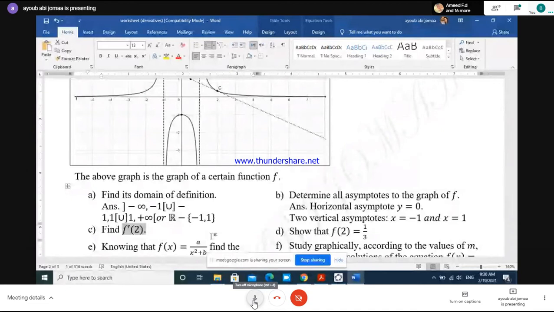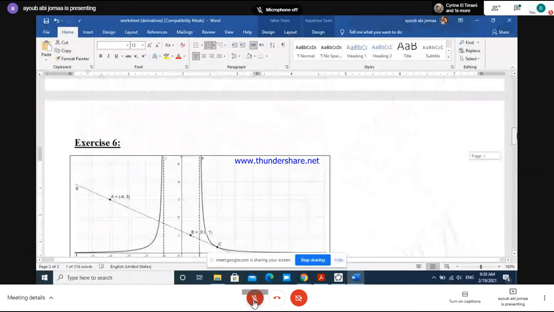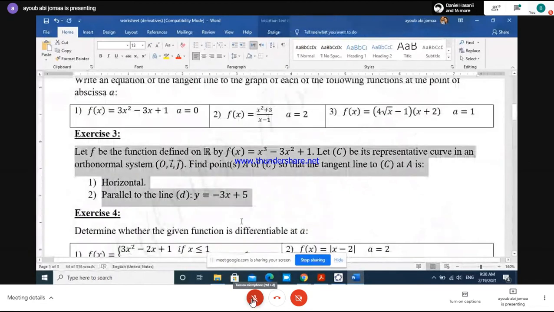Listen, do you remember the exercise when we were solving it: find points A so that the tangent line is horizontal. I told you from one side the horizontal line, its slope is 0. From the other side it is the derivative. Why is it the derivative? Because it is the tangent line.